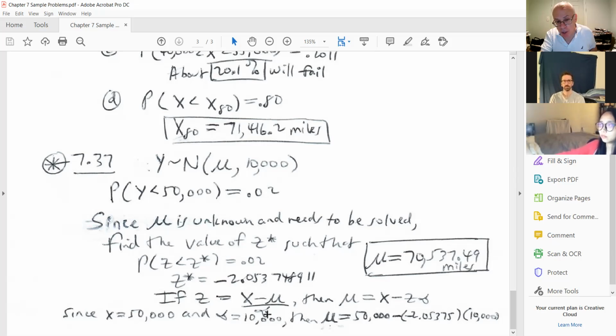We can find sigma, we can find the mu. We can find any of these three things. The only thing we need is two of the three. We only need two of these three and solve for the other one. If we were given mu and sigma, we could solve for x. So there are actually four variables in here. You just need three of them.